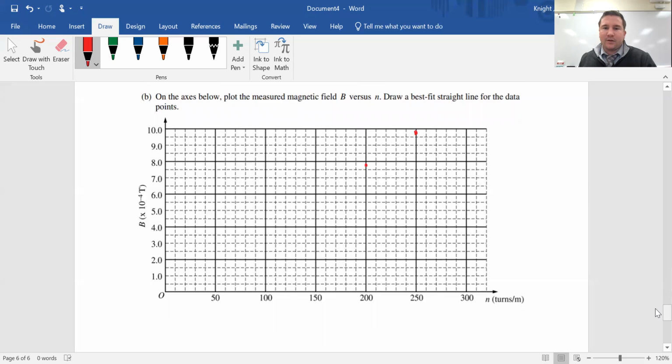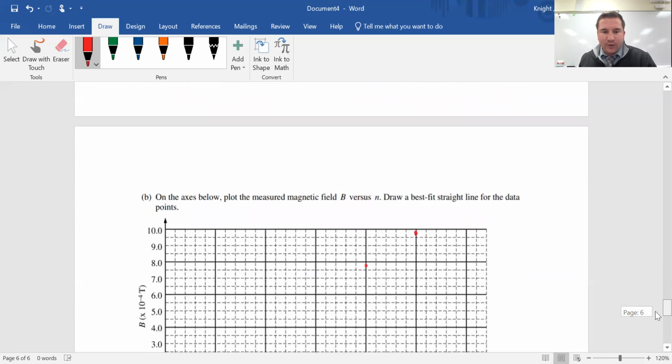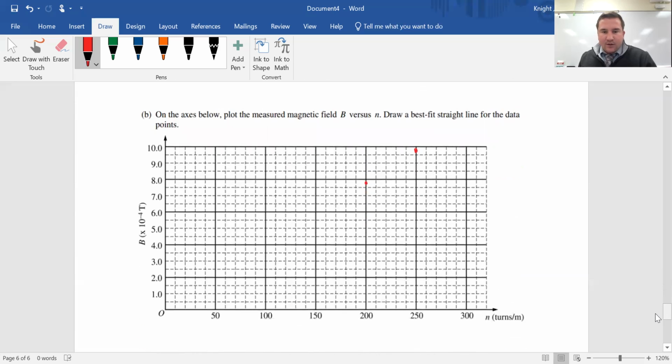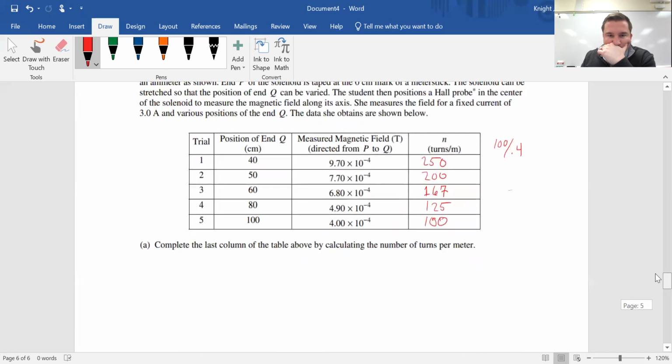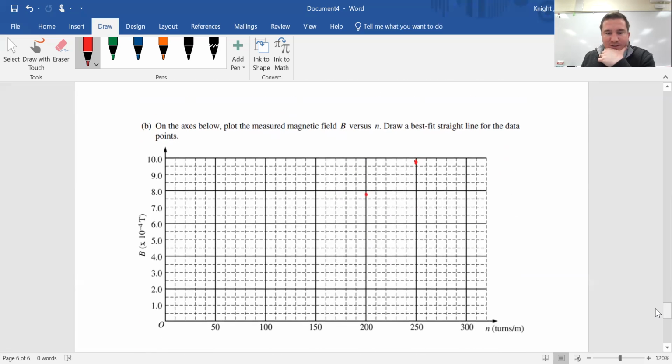It's actually probably a little bit lower than that. Then 167 and 6.8. 150, 160, 170, 180, 190. So 167 is going to be in here. And 6.8, all right. 167 and 6.8 is going to be like here.